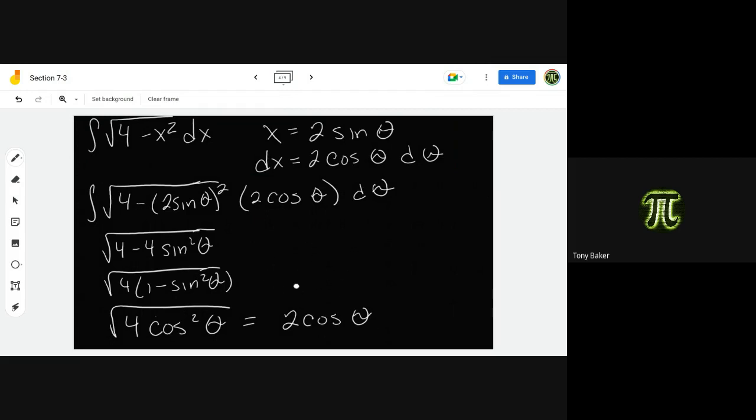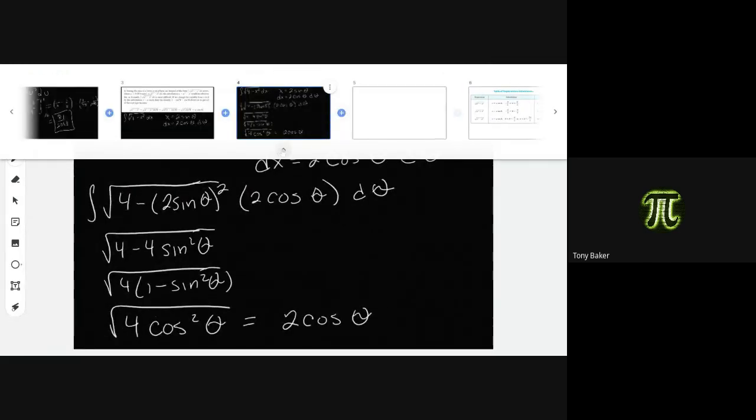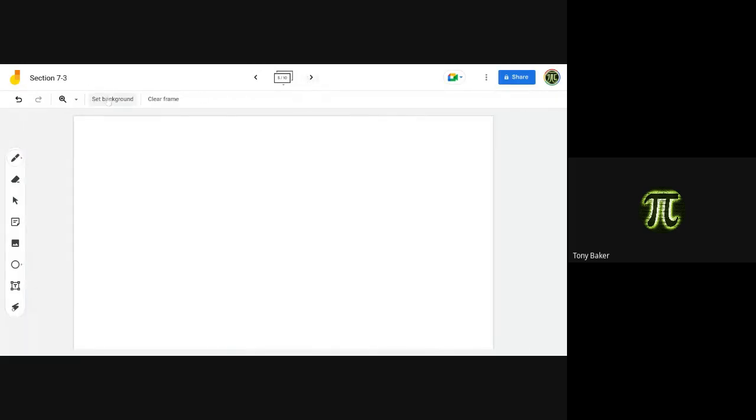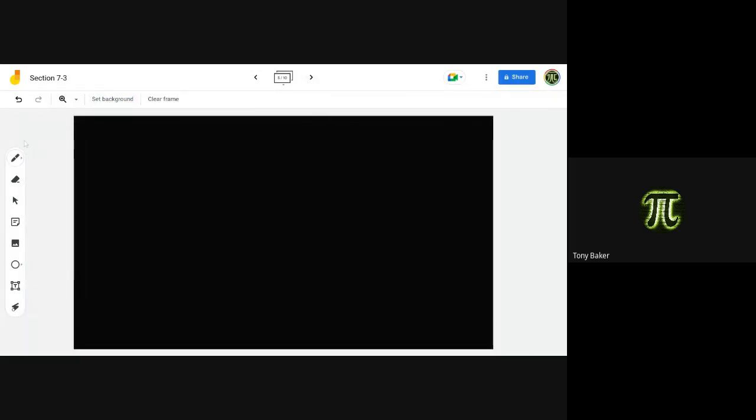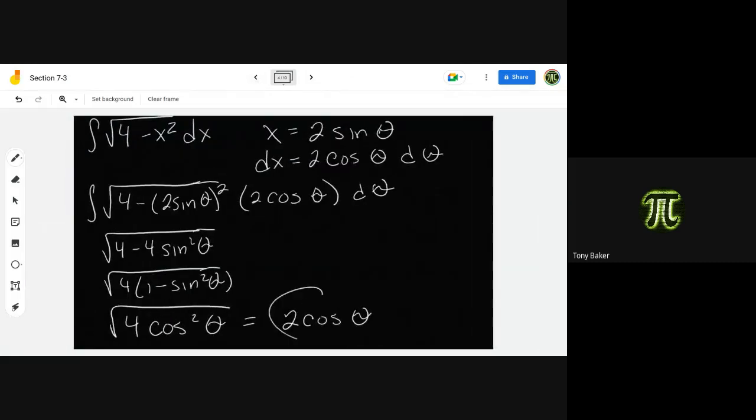We can now take this problem. Right now I have the integral of 2 cosine theta times 2 cosine theta d theta, because I have that 2 cosine theta and that 2 cosine theta.